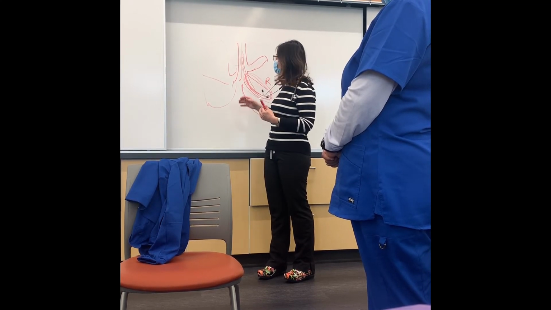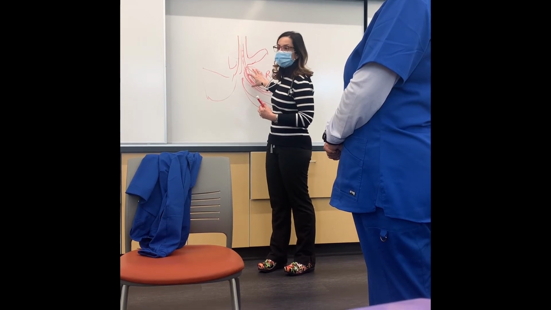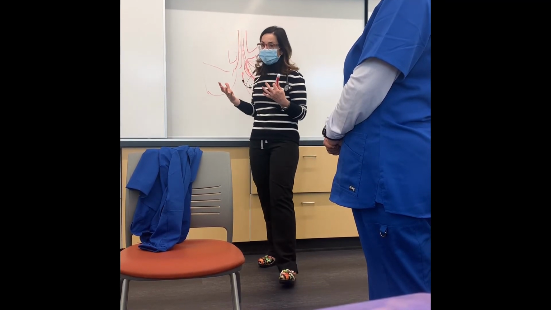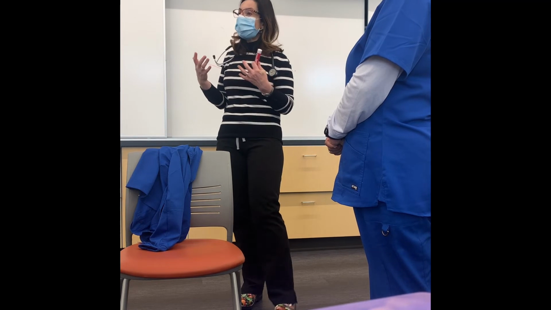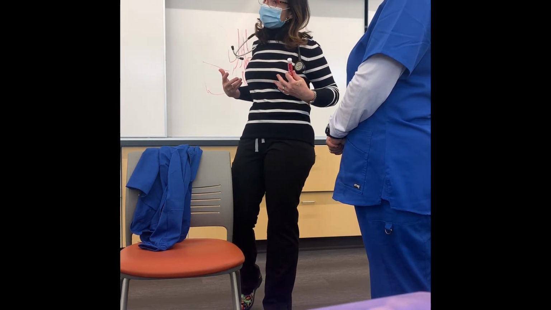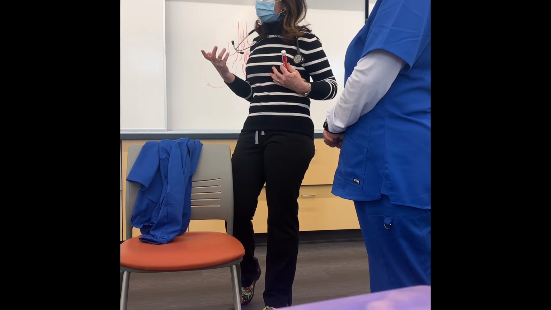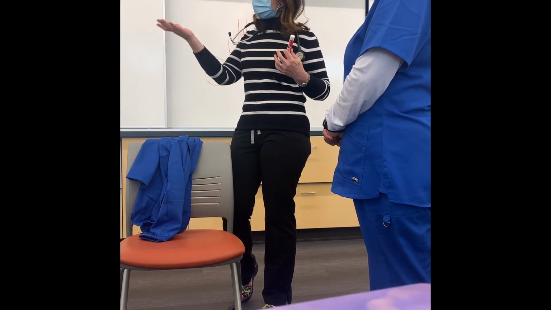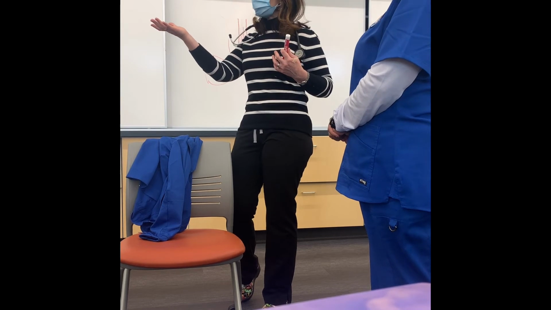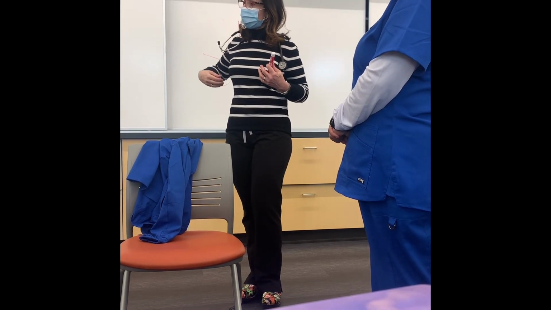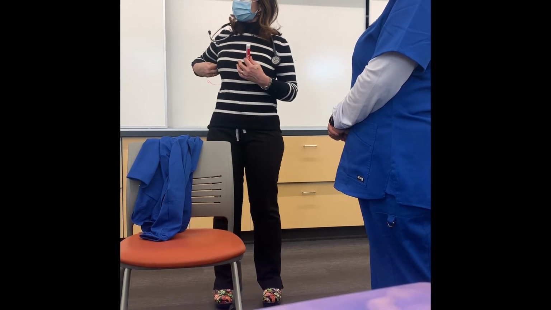Most likely, it ended up in the right middle lobe. So if you have a patient with aspiration pneumonia, where are you going to listen? Right side, and more specifically, middle. Middle of where? 6 and 7.